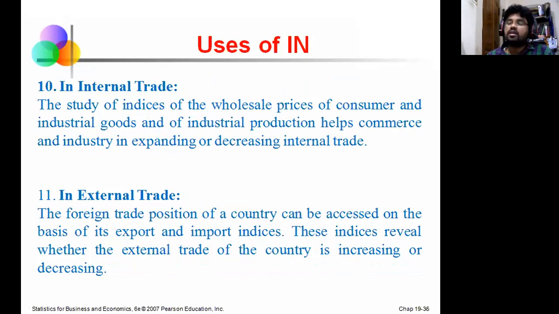If one commodity is going to come into the market, they will fix the wholesale price at this much and the retail price at this much. So we can construct index numbers for wholesale prices of consumers and industrial goods of industrial production, which helps commerce and industry in expanding or decreasing industrial trade.